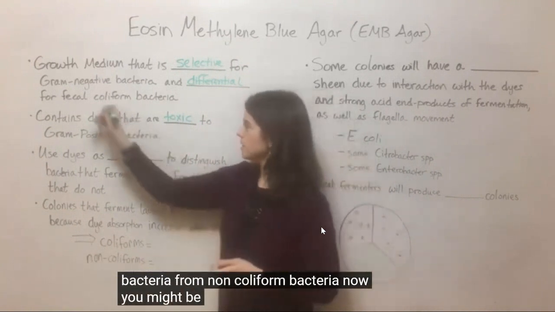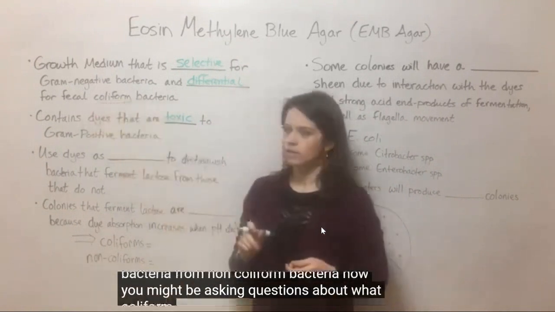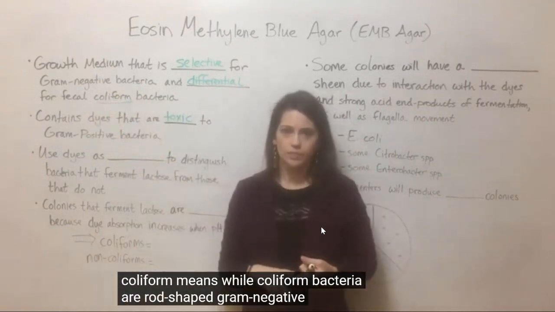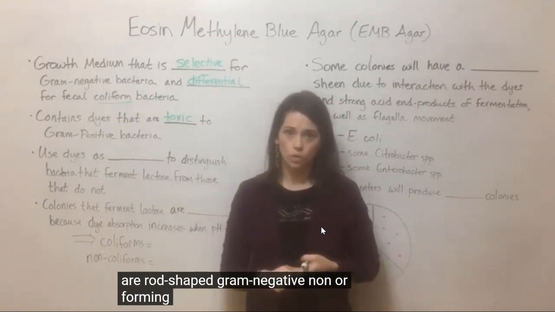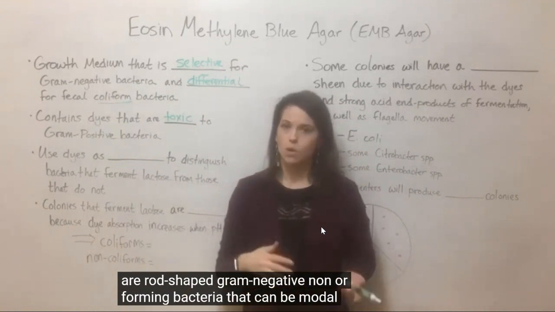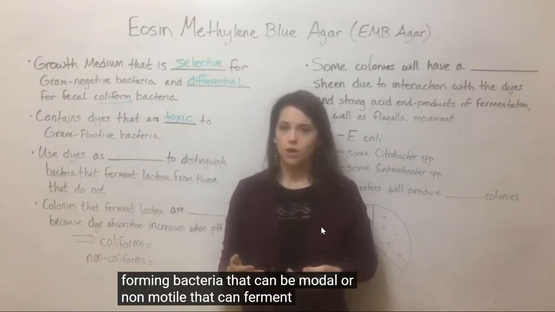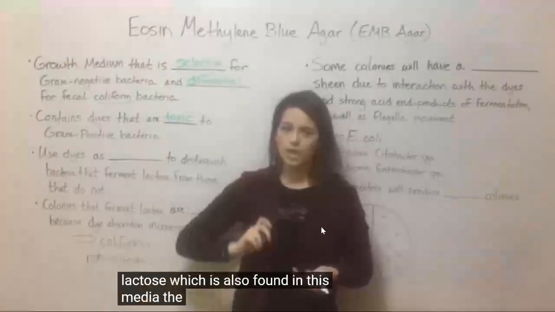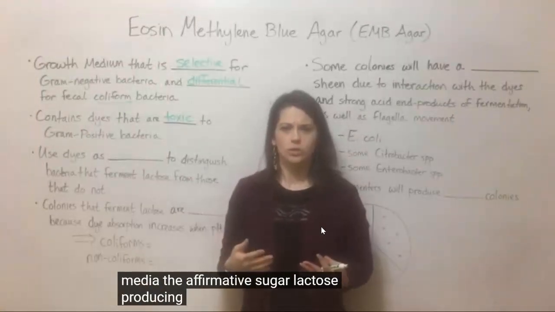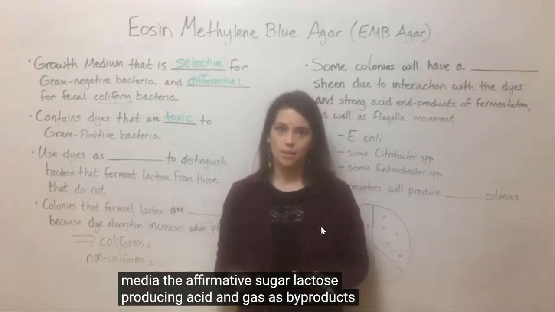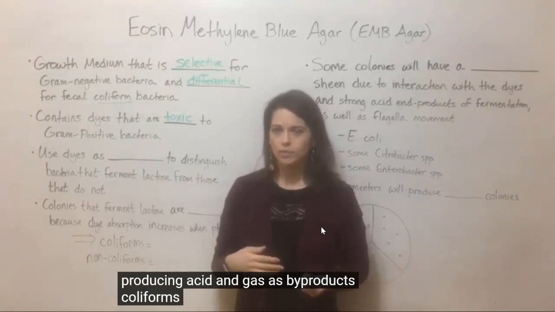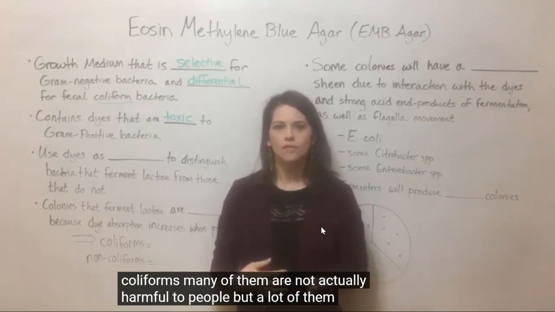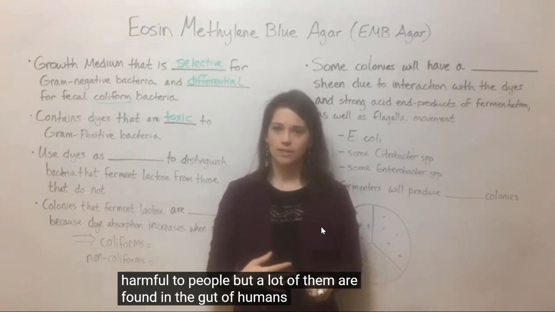Now, you might be asking what coliform means. Coliform bacteria are rod-shaped, gram-negative, non-spore-forming bacteria that can be motile or non-motile, and that can ferment the sugar lactose, which is also found in this media. They ferment lactose, producing acid and gas as byproducts. Many coliforms are not actually harmful to people, but a lot of them are found in the gut of humans and other animals.